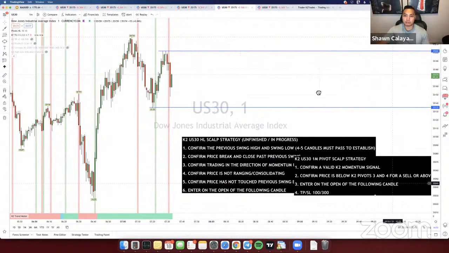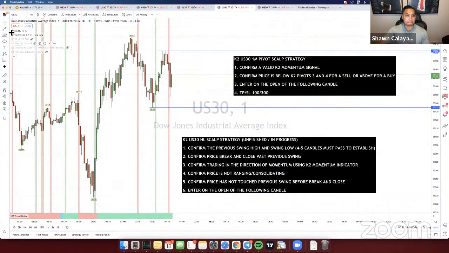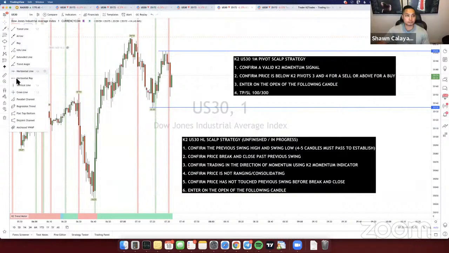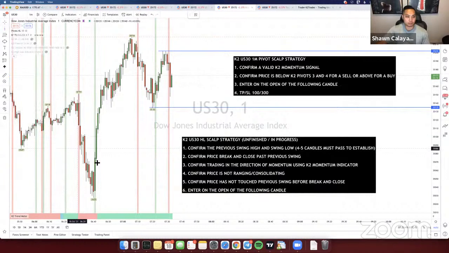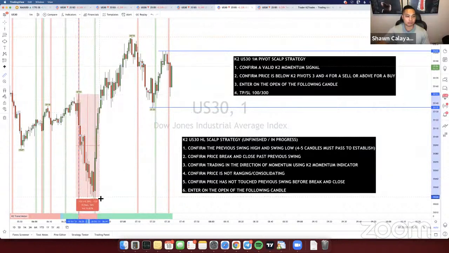Let me mark up where 6:30 is. So 6:30 is when the market opened, right here. And you can see that price really hasn't chosen its direction, right? Price dropped right here about 1,000 points or 1,000 pips.